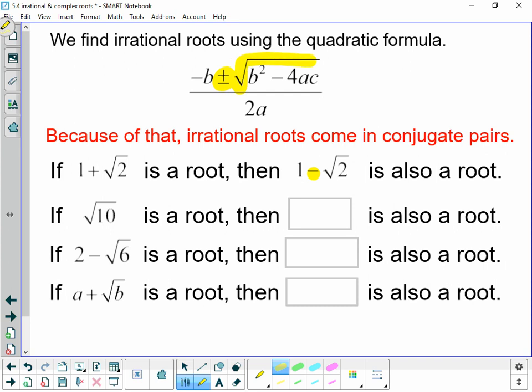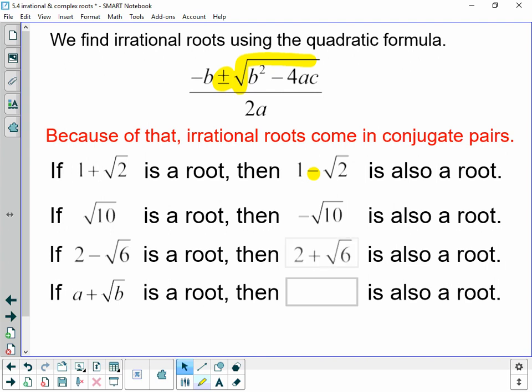In this case, the 1 in front of that root did not change signs. 1 plus root 2, 1 minus root 2. If the square root of 10 is a root, then another root is negative square root 10. The root changes signs. If 2 minus root 6 is a root, then 2 plus root 6 is a root as well.